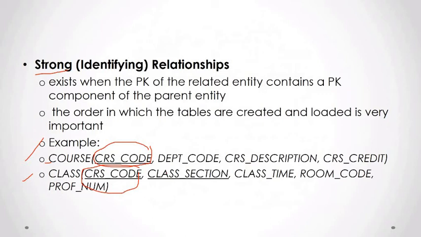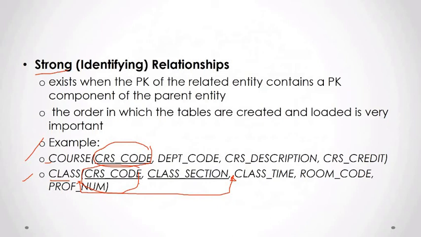And you will notice now that the primary key of the relation class consists of class code and class section.